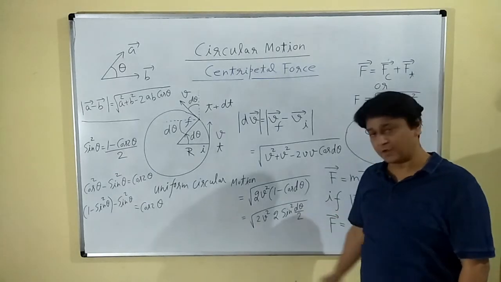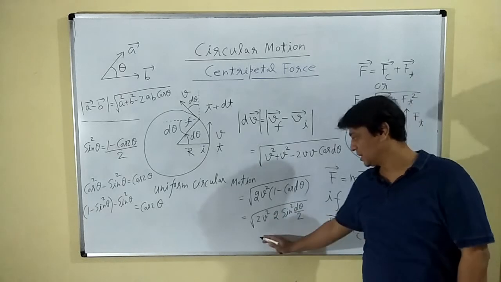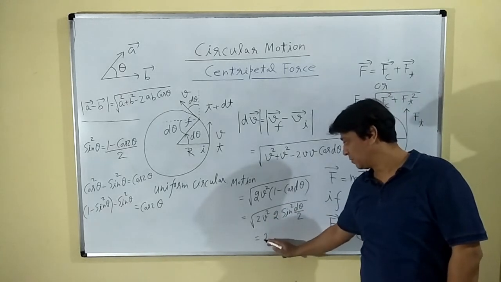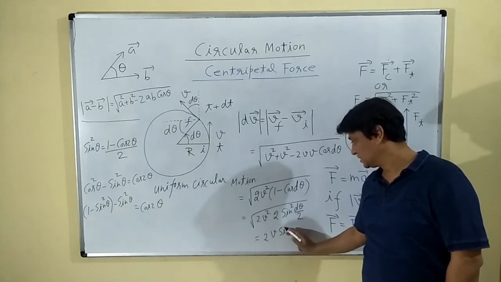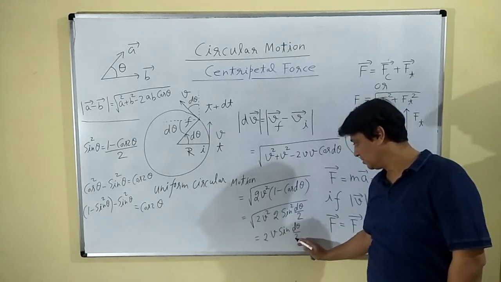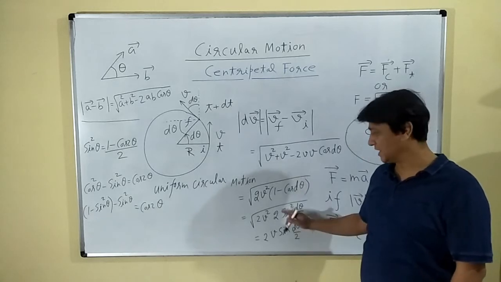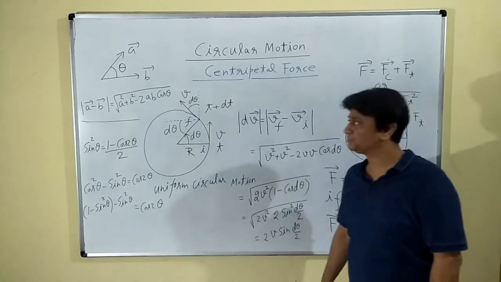Look at the advantage of this conversion. 2v square sin square, and therefore it becomes 2v sin d theta by 2. We can easily take the square root and you get 2v sin d theta by 2.